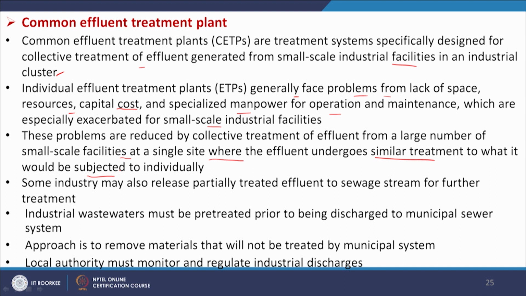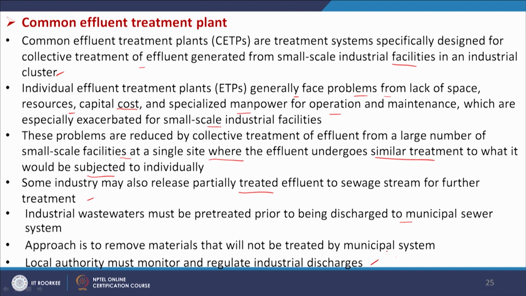Some industries may also release partially treated effluent to the sewage stream for further treatment, and industrial wastewater must be pre-treated prior to being discharged to the municipal sewer system. The approach is to remove materials that will not be treated by municipal systems, and the local authority must monitor and regulate industrial discharges.